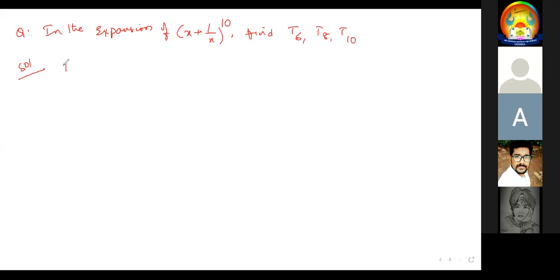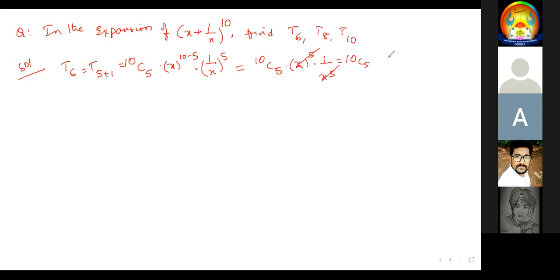They're asking T6. T6 can be written as T(5+1). So it can be written as 10C5 into x power (10 minus 5) into (1/x) whole power 5. That is 10C5 into x power 5 into 1 by x power 5. Both get cancelled.